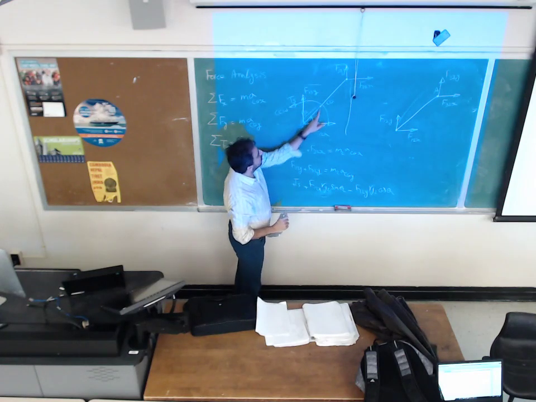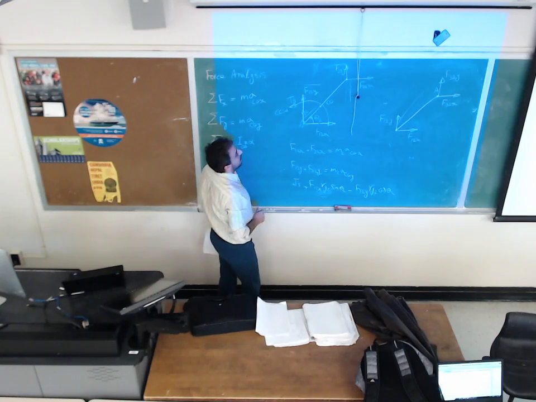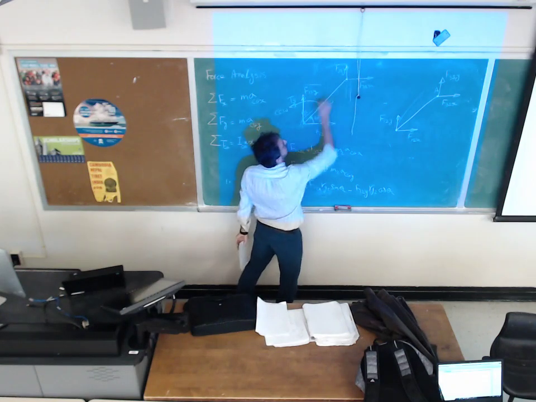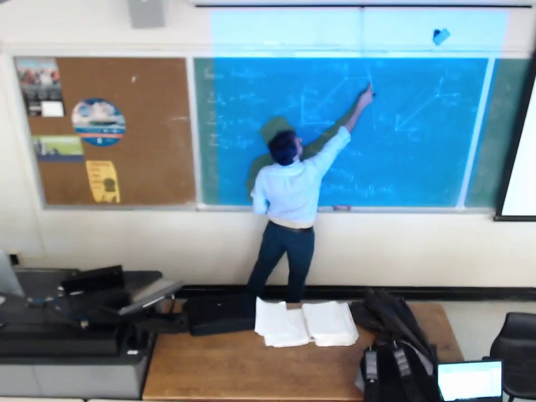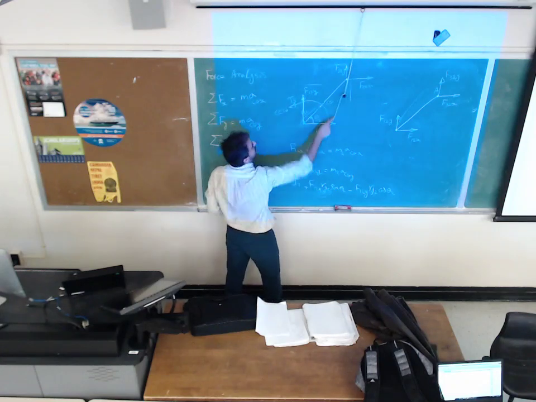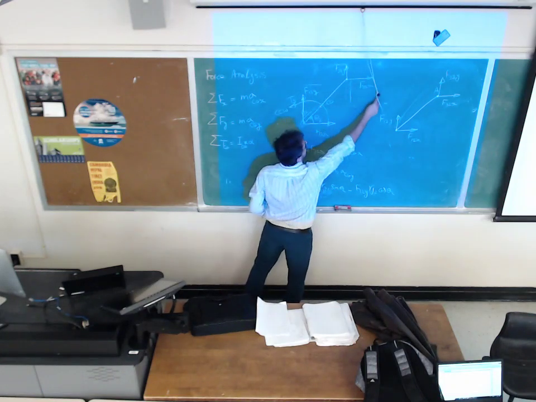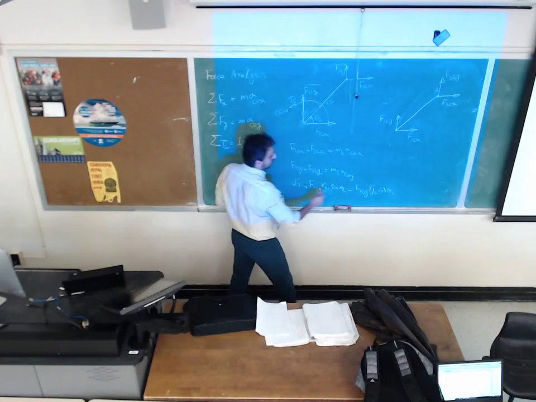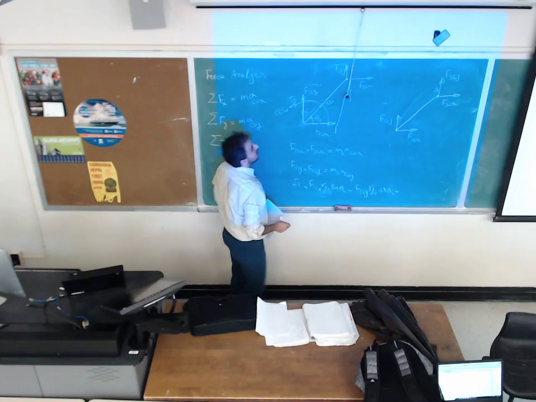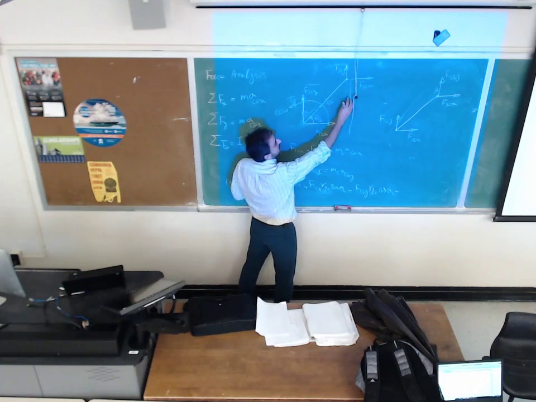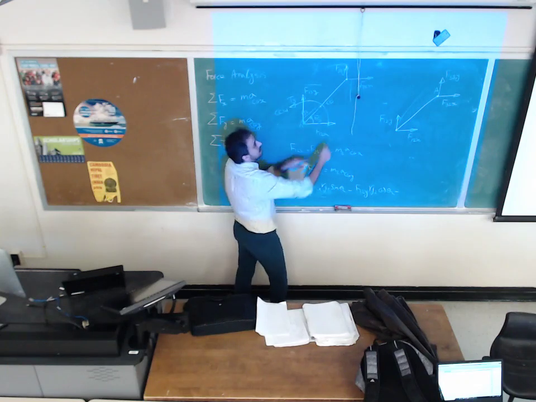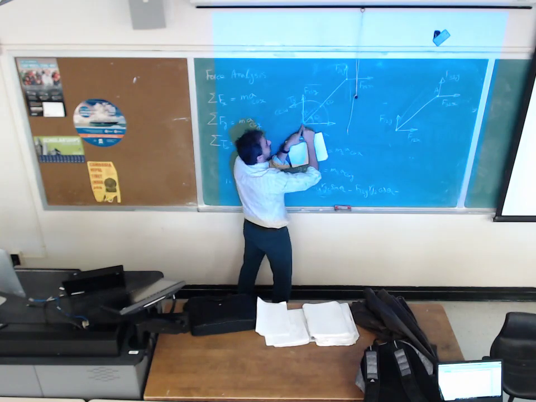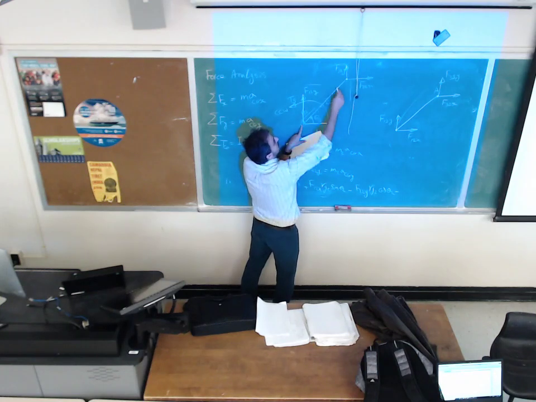Now, we should look at this force. This force is going to make a rotation clockwise about center of gravity, so I put negative. The magnitude of moment is going to be the force times the vertical distance. How can I find this distance? From here to here is R2. R2 minus RG2 is going to be from here to here.